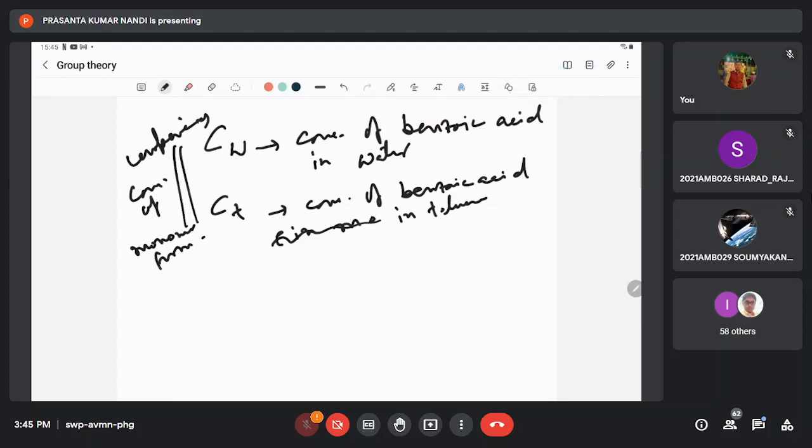Now why does this square root appear? That we will discuss.